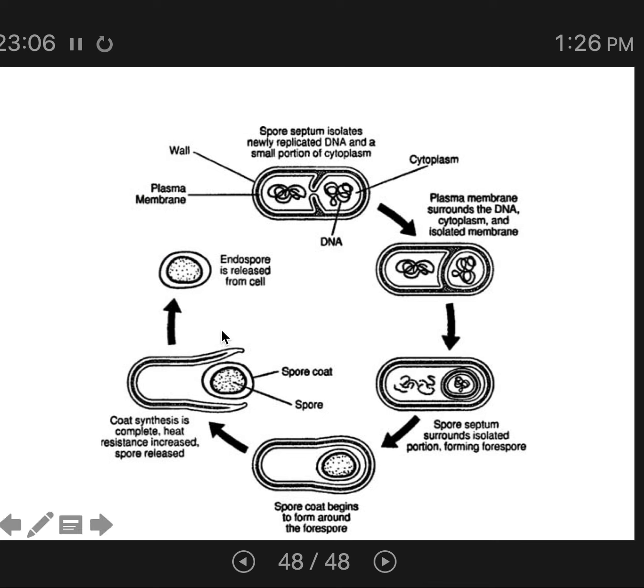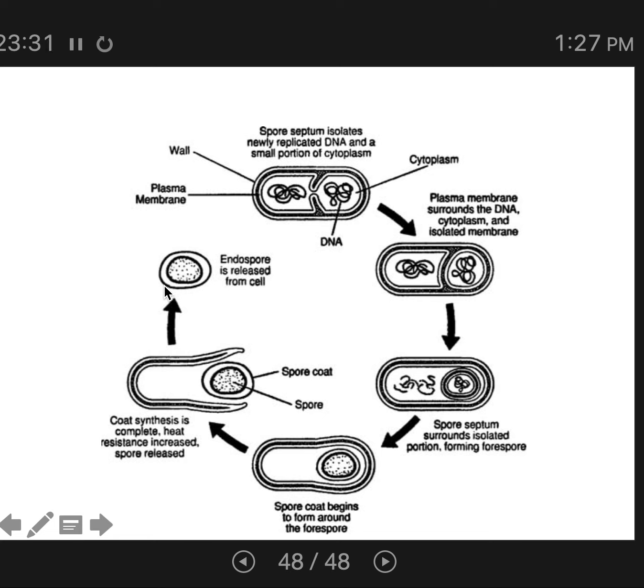Endospores, on the other hand, their final outer layer is a protein coat. So where is that part here? Spore coat begins to form around the forespore. And then the forespore is released from the mother cell. So this outermost layer for endospores is a protein coat. Endospore layers go, protein coat is the outermost shield.